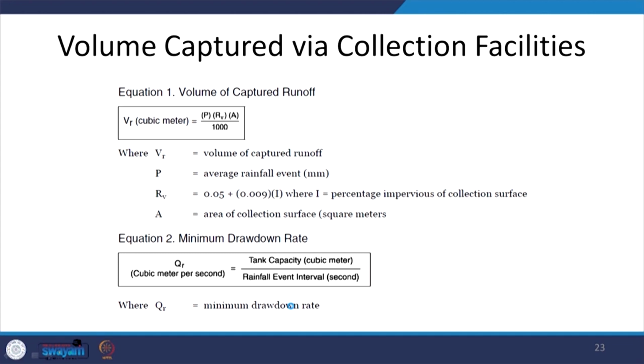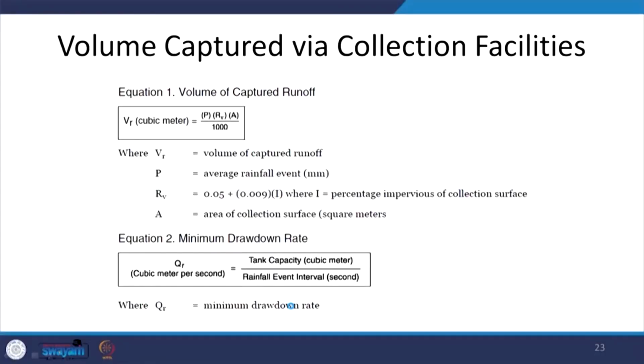Coming back again to how green building rating programs assess your efforts through design and selection of materials. It has to be a tangible way in which it can be assessed and evaluated. Here we do that through the calculation of captured runoff. Now, this captured runoff is actually a resultant of the rainfall, so it would vary from place to place.